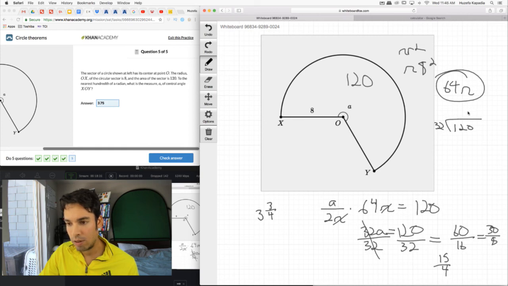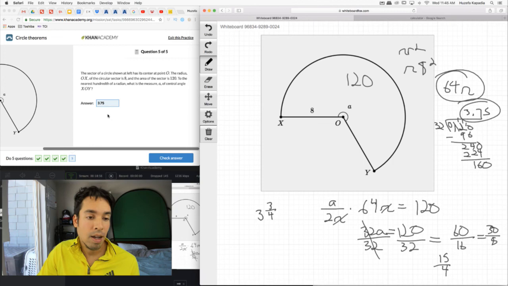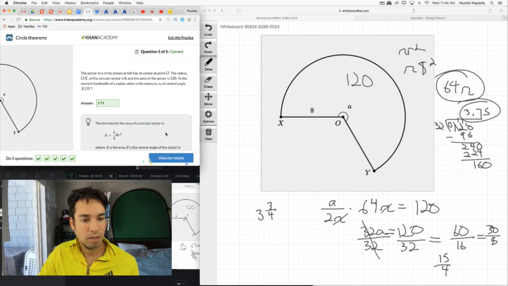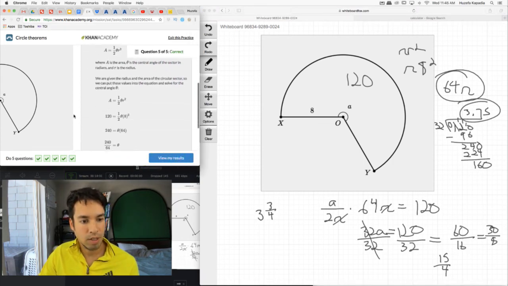So 3 times 4 is 120. So 3 is 96, yeah. And then 224, and then that's 16, and then that's 5. So it is 3.75. All right, I think my math is right. Let's see if it's correct. Yeah, so I just think this drawing is not to scale.